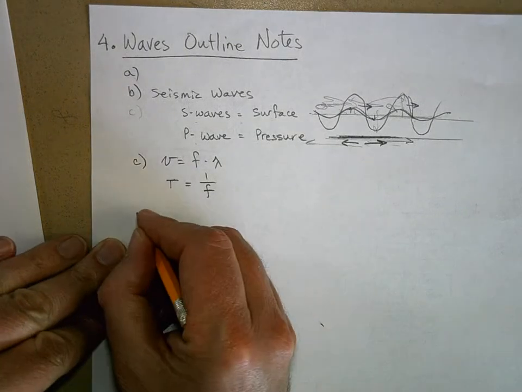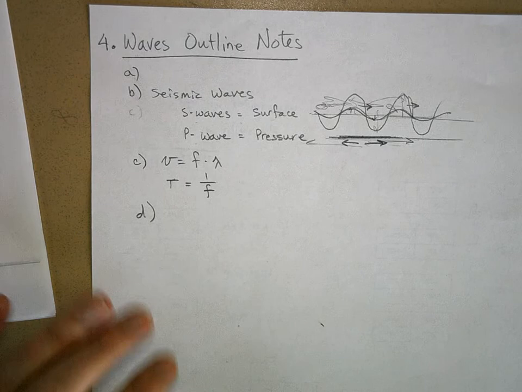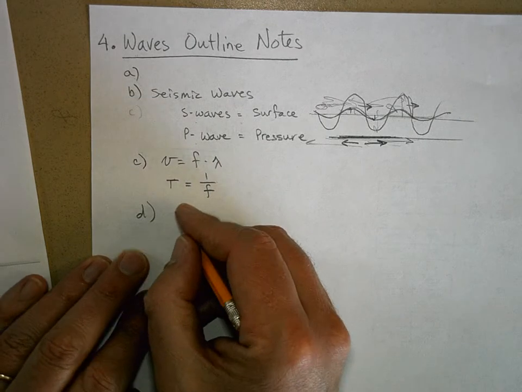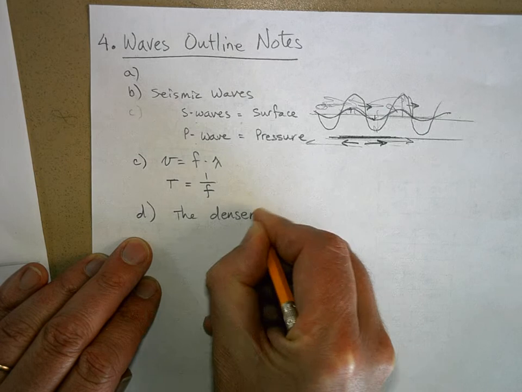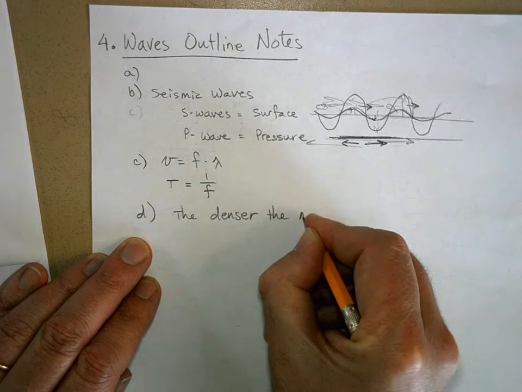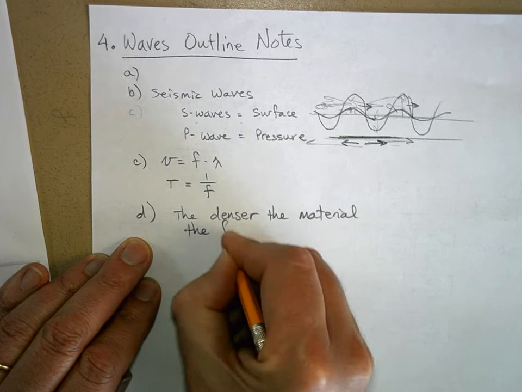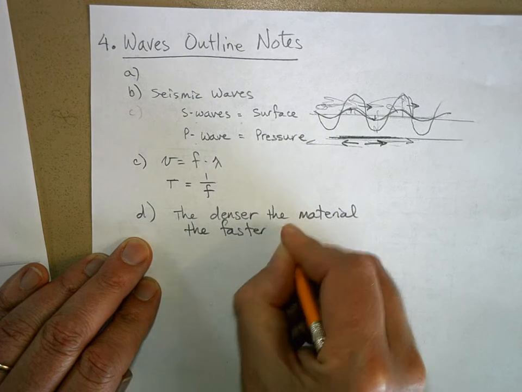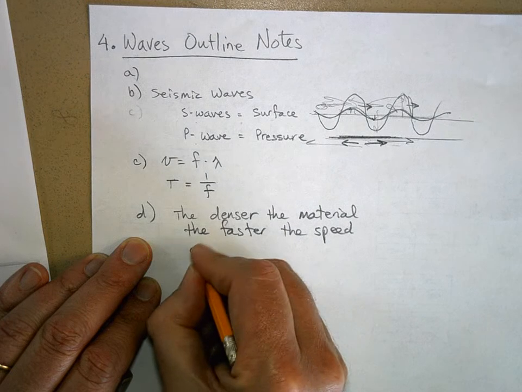For D, sound is a longitudinal wave, and the speed depends on the medium. Now, the denser the material, the faster the speed of sound.